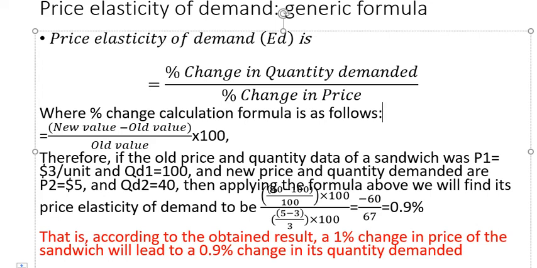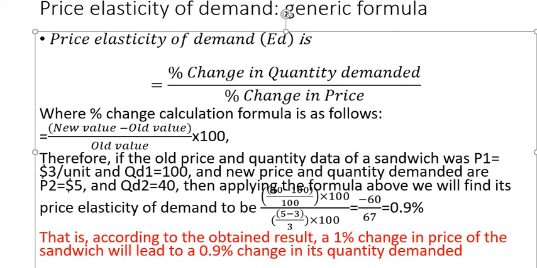Therefore, if the original price of a sandwich is $3 per unit, and at that price customers wanted 100 units, and if the price increased to $5 per unit, and at that higher price customers cut down their quantity demanded to 40 units, then we can apply this generic formula to find out what has happened to the price elasticity of demand.